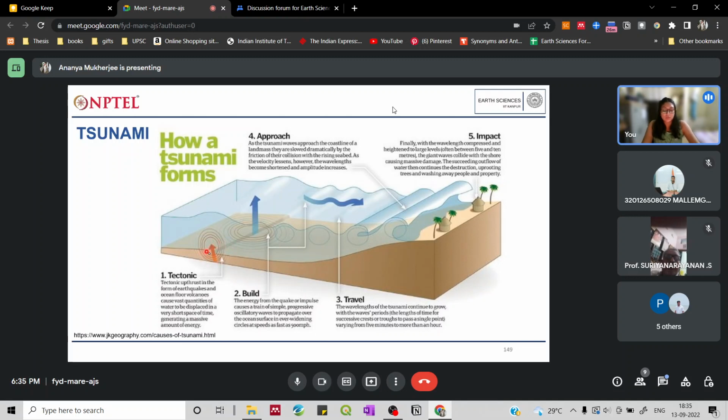Mostly these tectonic movements are caused by earthquakes, that is, due to tectonic plate movements. If you remember, we had talked about convergent boundaries, divergent boundaries, and transform boundaries. These are also faults. Convergent boundaries are colliding, divergent boundaries are moving away from each other, and at transform boundaries the plates are sliding past each other.